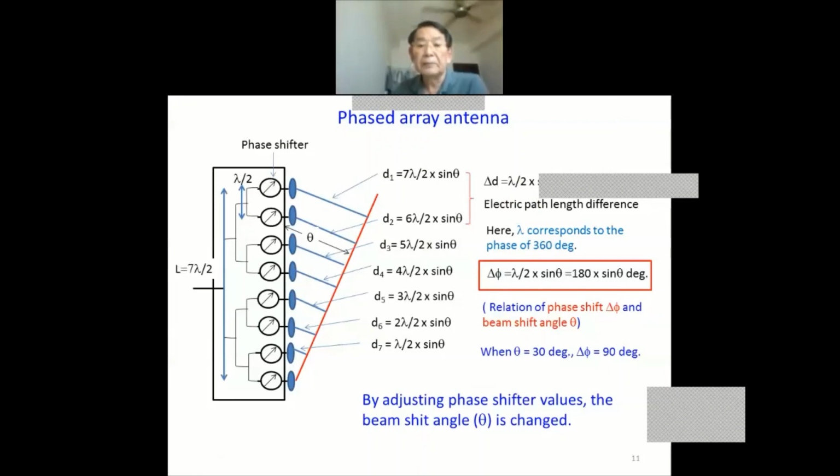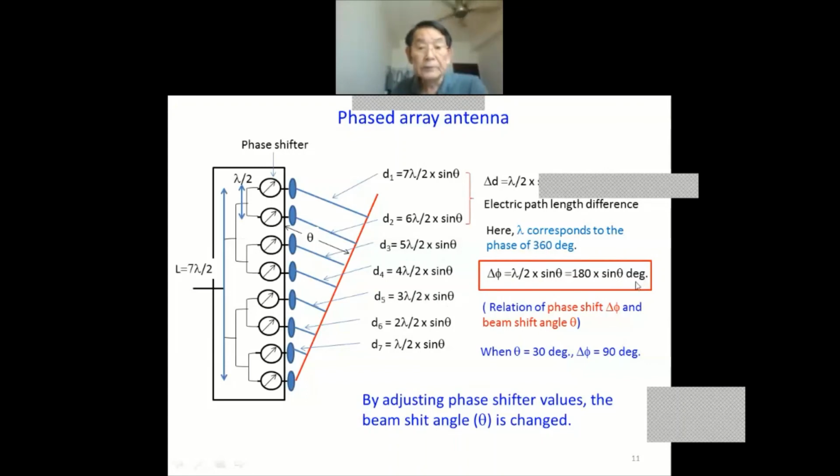I already explained this in the wireless and mobile case, so you can once more check by yourself how much phase should be given to achieve the radiation direction. This is the phase shift value, and this is the radiation direction.